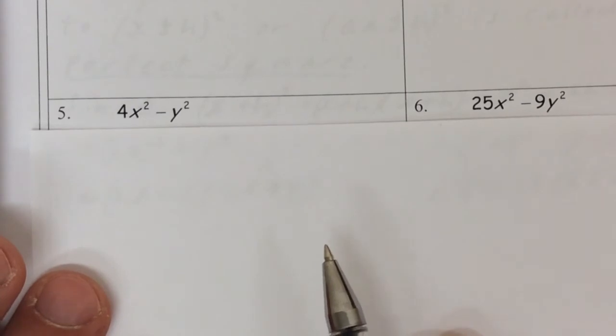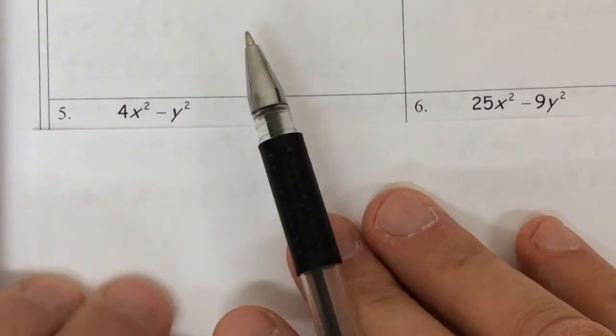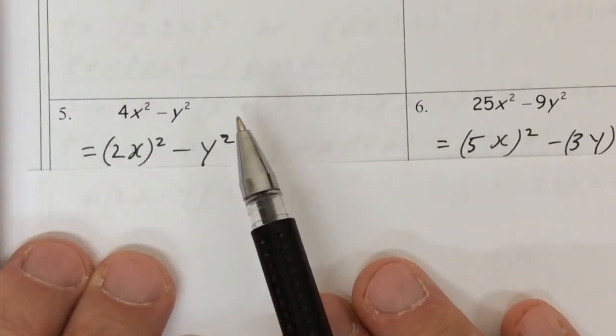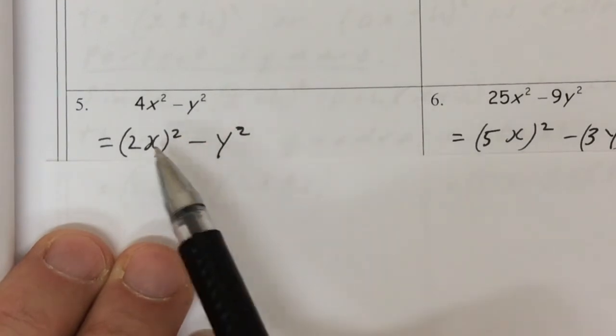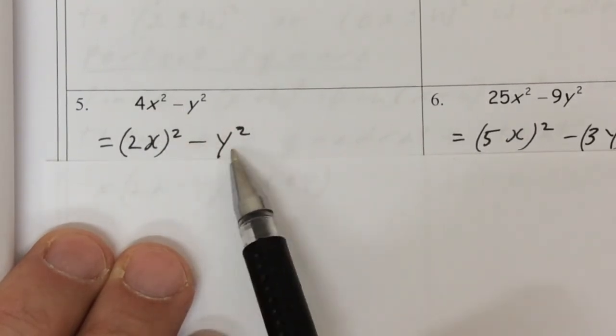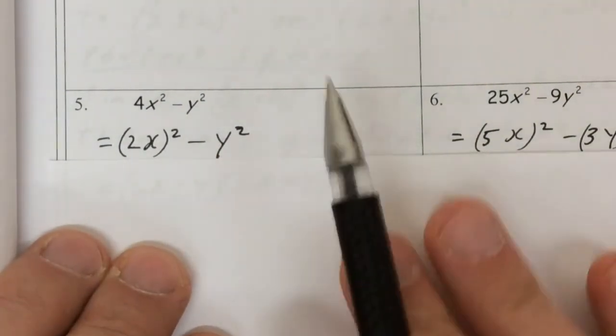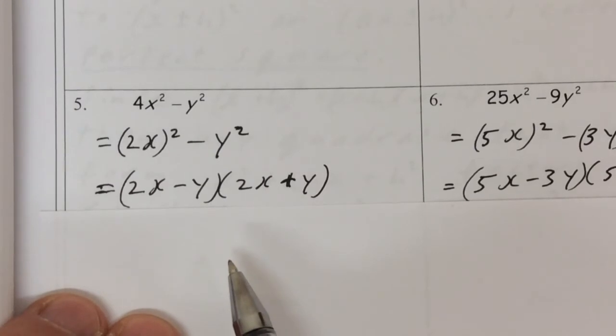4x squared minus y squared. So now we don't have a number here, we just have something squared. That's fine. Can we write that as a difference of two things squared? Well, we can write it like this. 2x all squared is 4x squared, minus y squared. So now we have a difference of squares, and you can write it as that.